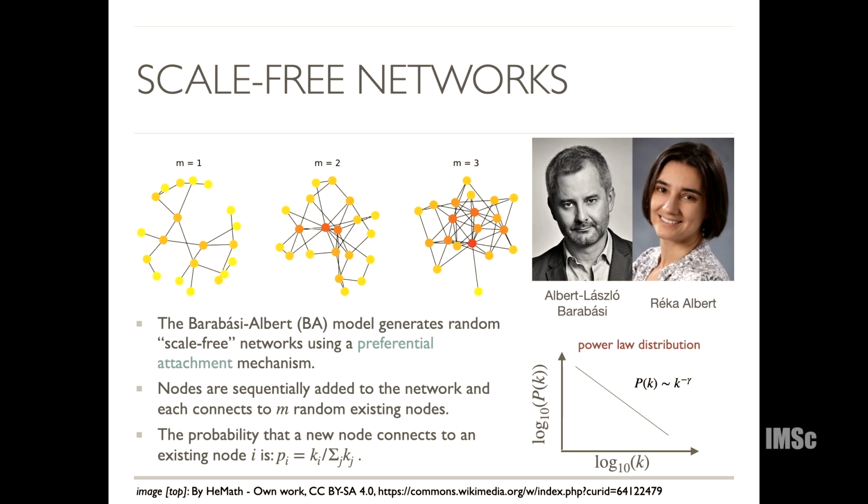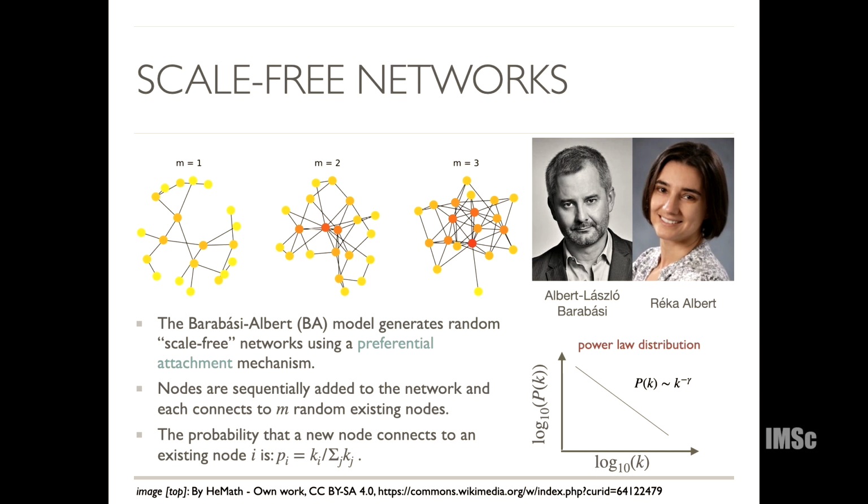You start off with some m nodes in the network, and then you sequentially add nodes to the network, and each new node will connect to m nodes at random with some probability, and the probability with which it connects to the nodes is given by this.